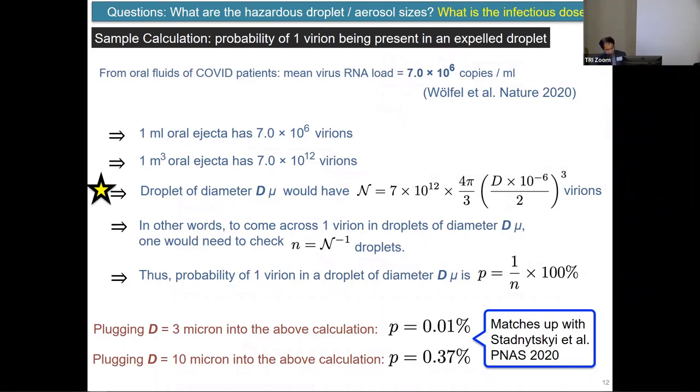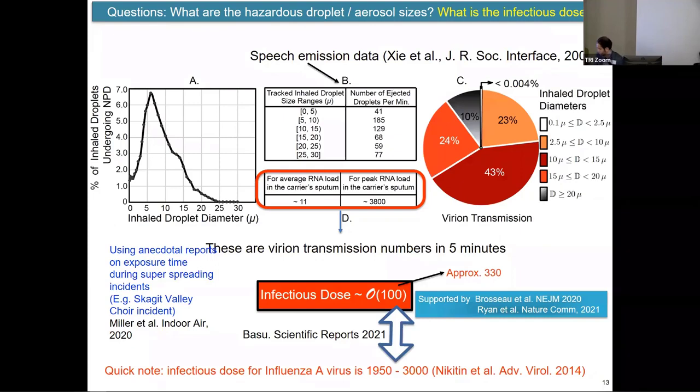Okay, so with this model checking out with other findings in literature, let's now think about the actual transmission process of the virus. We do need to look at the size distribution of respiratory ejecta out there. There has been a lot of work over the last, I would say, 40 years on this, and there is still new work going on.